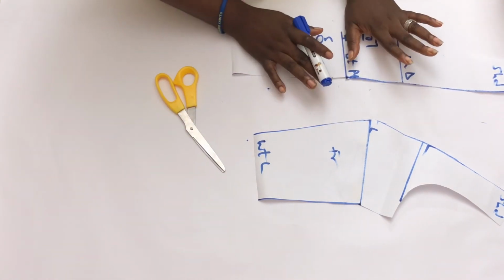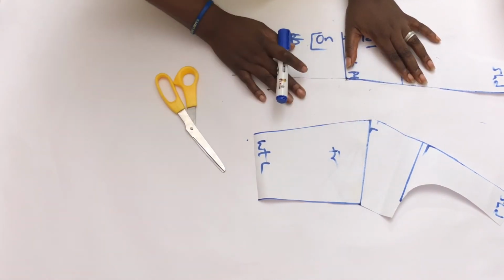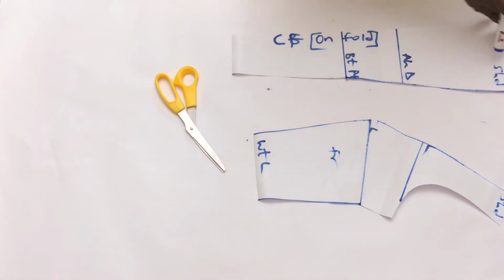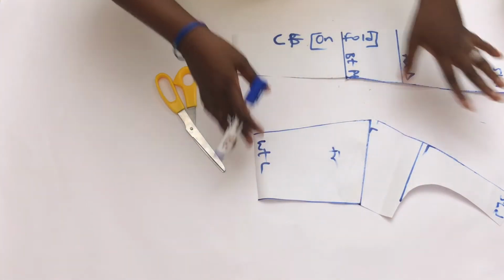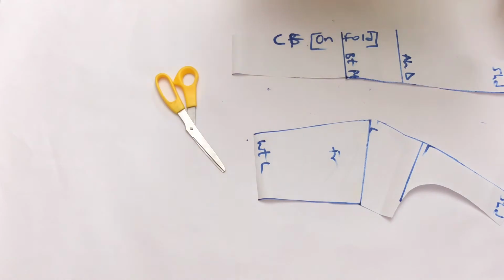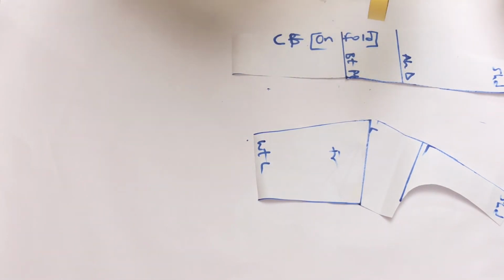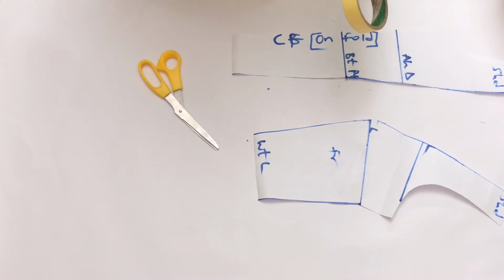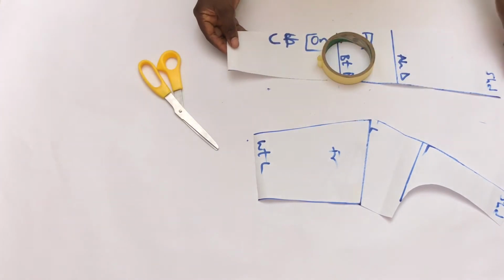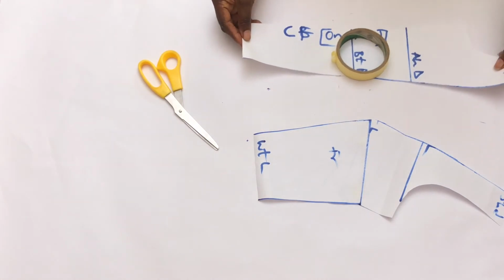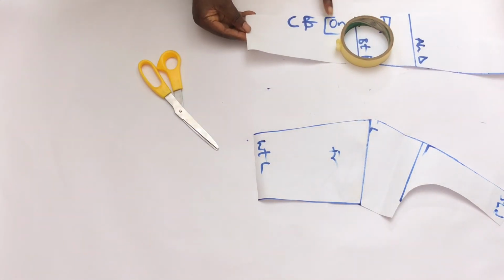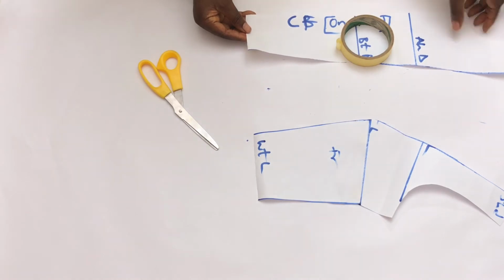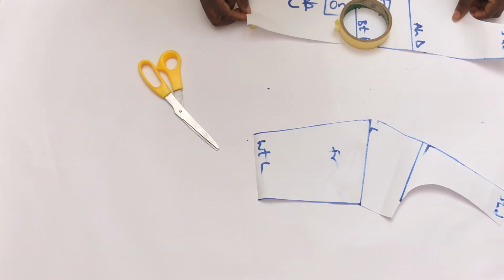I'm going to tape this down on a fresh piece of paper, and I'll make sure my paper has enough space all around it so I can add my allowances. The center front is on fold, there is no seam allowance, so I'll take it very close to the edge of the paper.